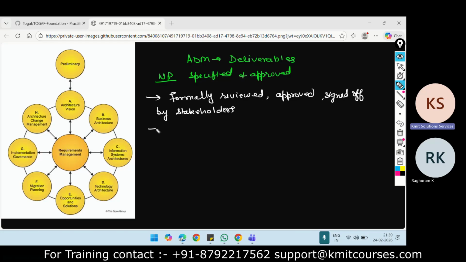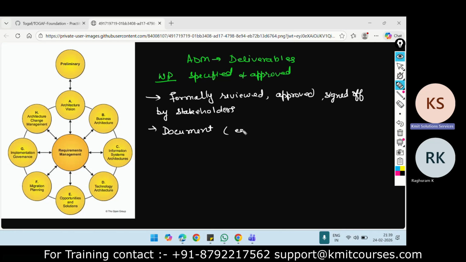So when we say deliverables, it is mostly in the form of a document. And that document is the architecture definition document.